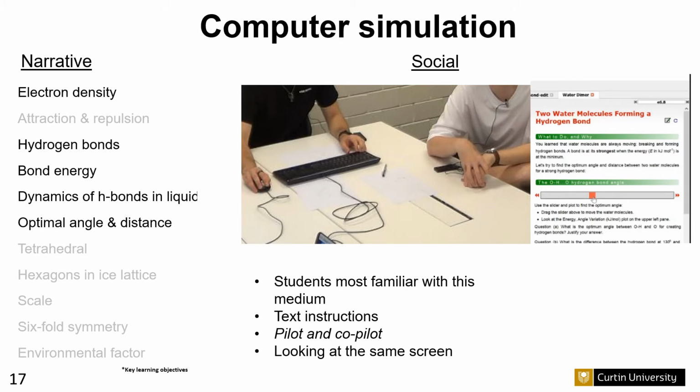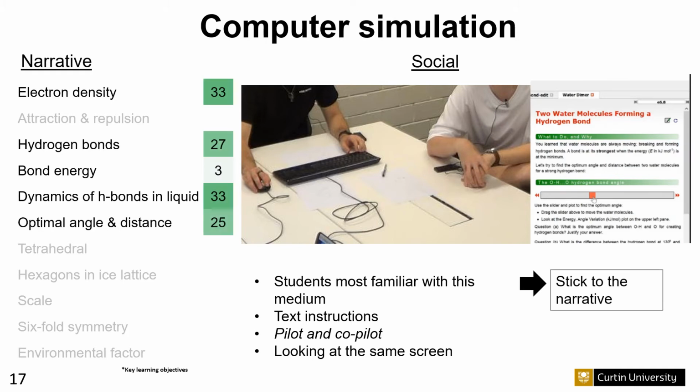The pilot controls and the co-pilot navigates and says something like, hey, can you move the slider or anything. And with this level of sensory, actional, and social immersion, students are able to discuss the main learning objective intended for this media and stick to the narrative. So whatever the text instructions say, they do it.